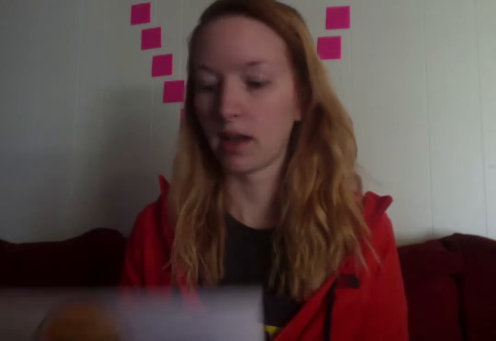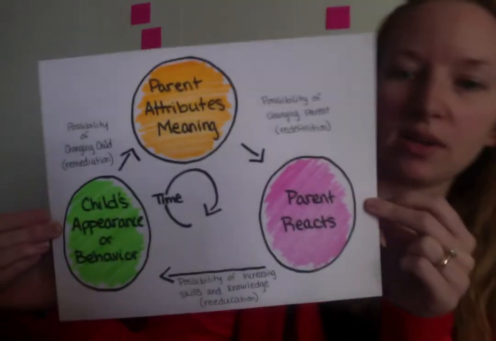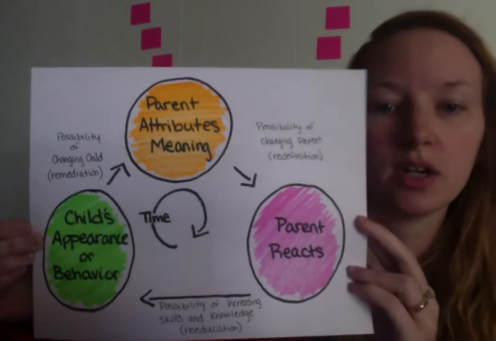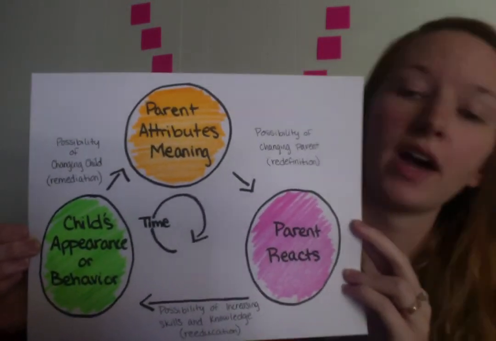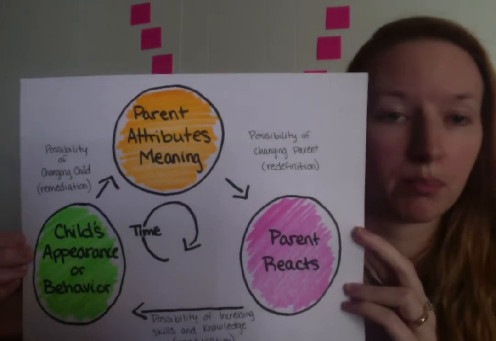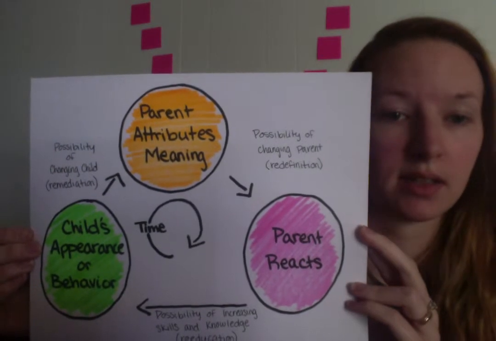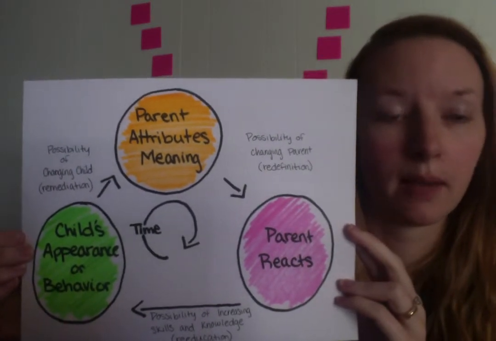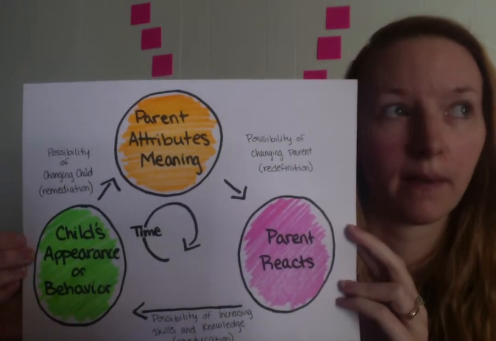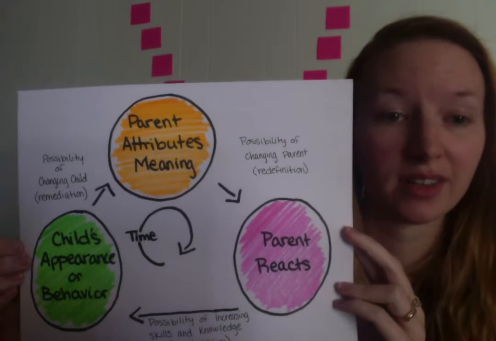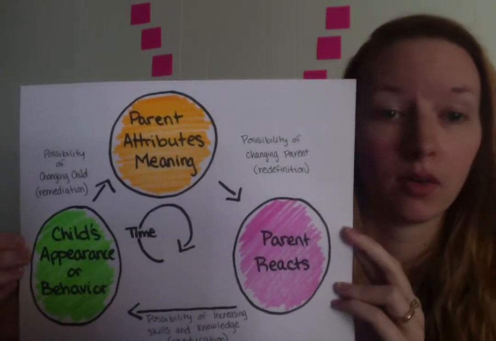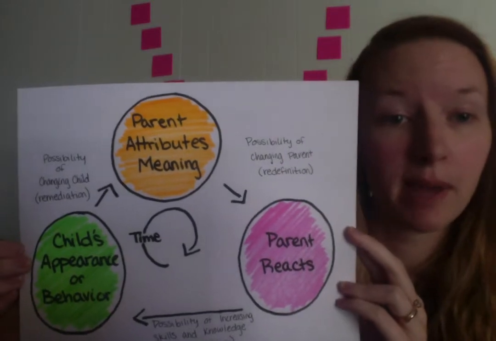So I've got this nifty little page here to kind of show you how it all flows together. So we've got the child. They do something or present themselves in a way that the adult, the caregiver, witnesses, whether it's behavioral, like the child is crying or screaming, or they're laughing, smiling.